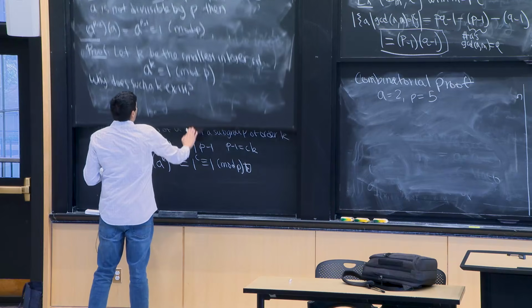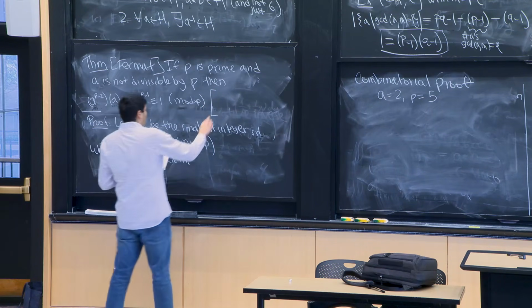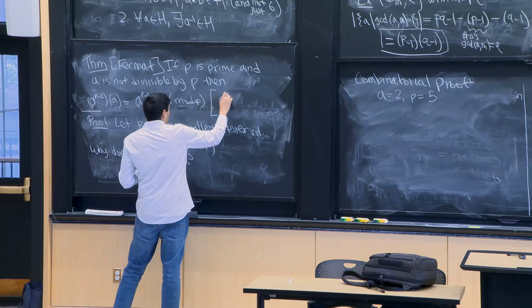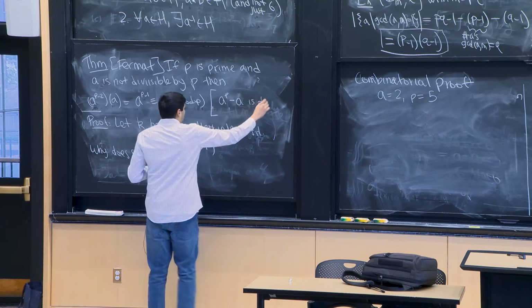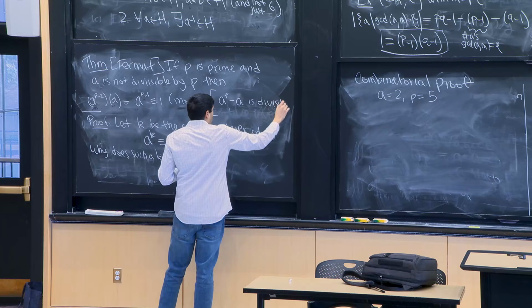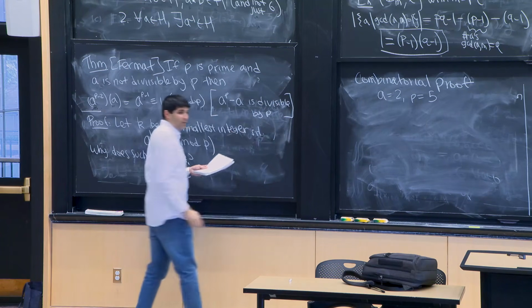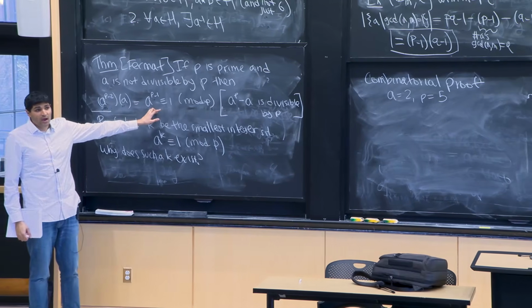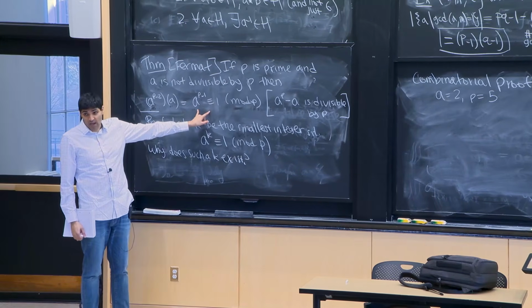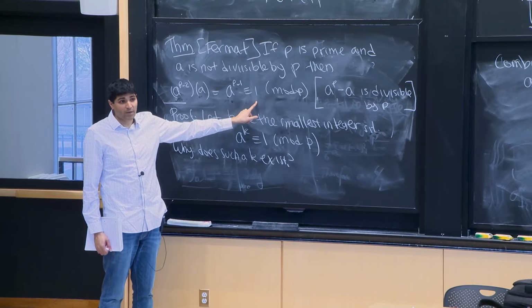But another way to think about this statement is really the statement that a to the p minus a is divisible by p. That's really what this statement means. Because I can take this identity and multiply it through by a. So I get a to the p minus 1 is congruent to a, mod p.